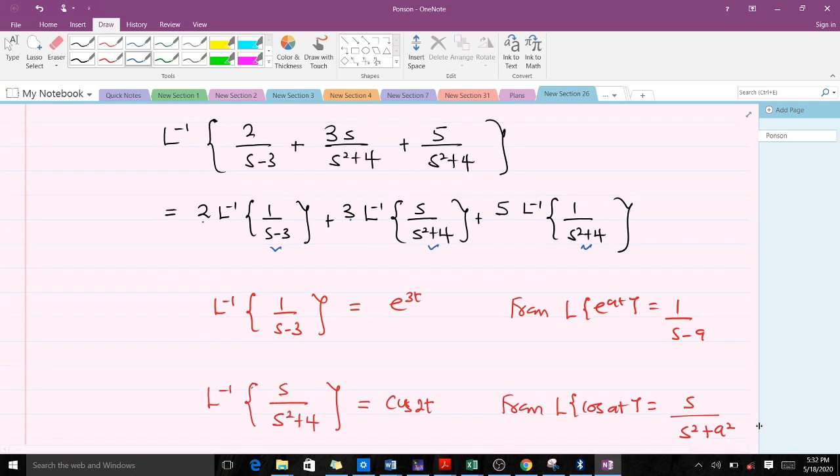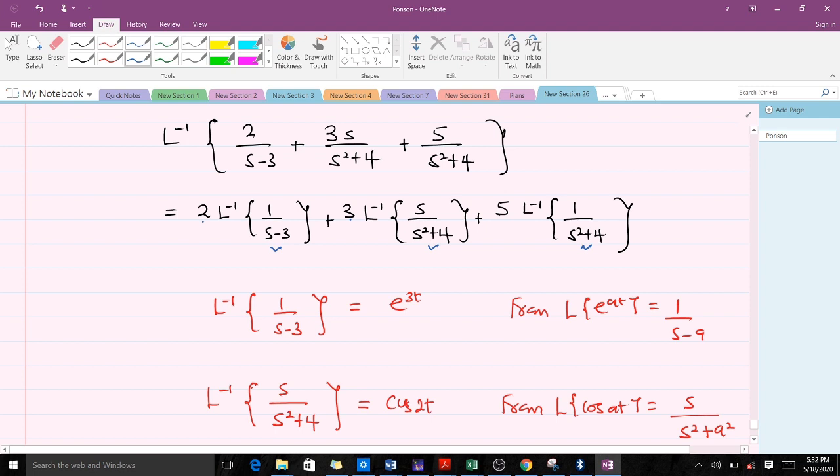So now we are supposed to find the Laplace inverse of this, that, and that. Right? So the Laplace inverse of the first one, that's 1 over s minus 3, is going to give us e^(3t). And this is because Laplace of e^(at) is simply 1 over s minus a. So try to get the relation. So by now you should know the Laplace of some simple functions, because they help us a lot to be able to answer questions of this type.